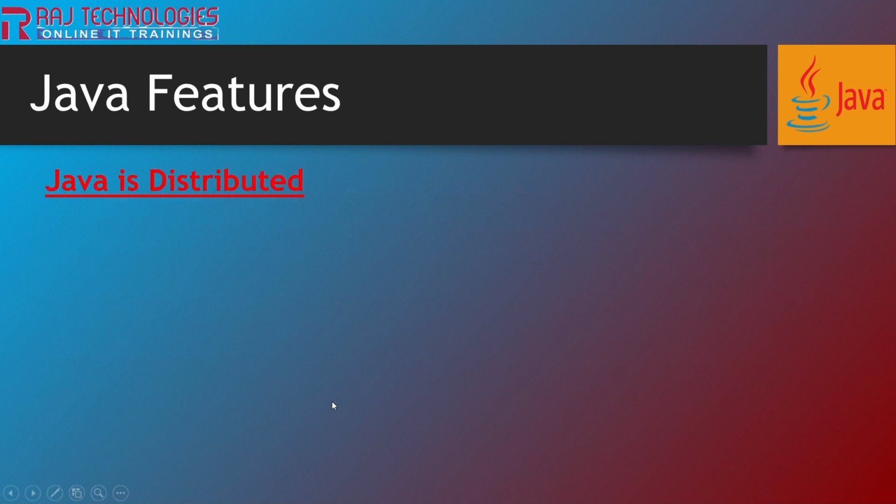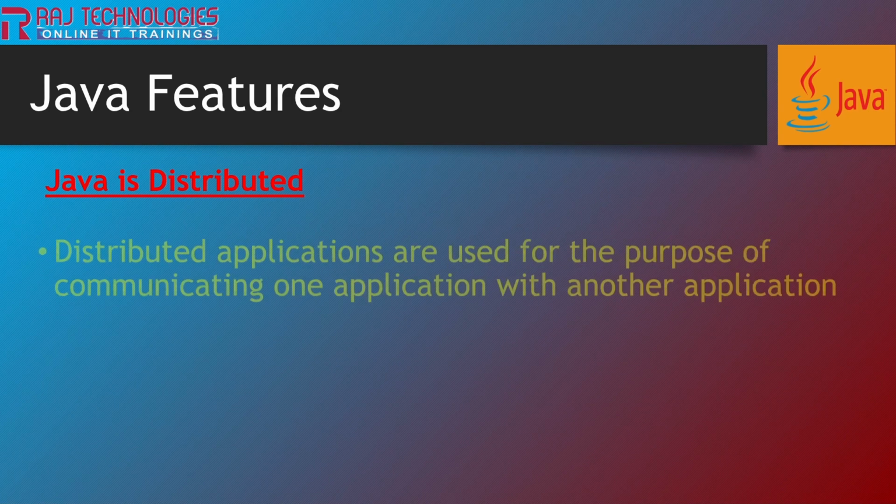The next feature is Java is distributed. Distributed applications are mainly used for exchanging data from one application to another application. Application to application communication we do by using distributed applications.